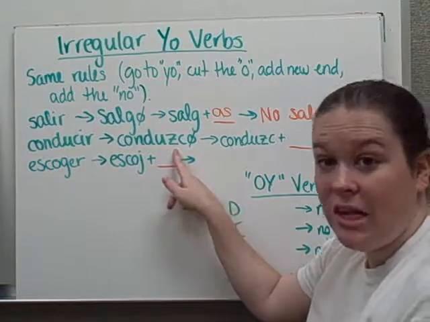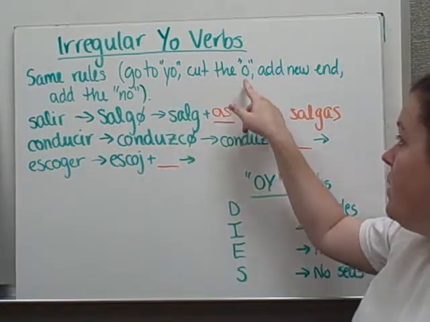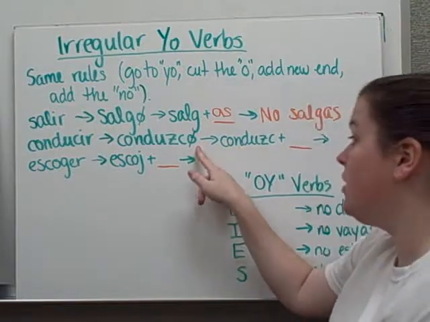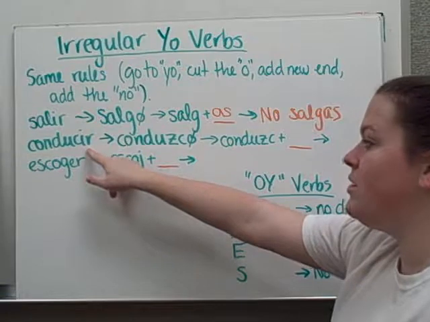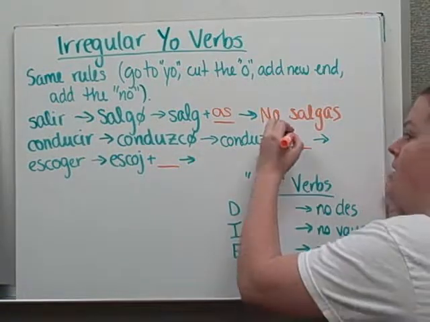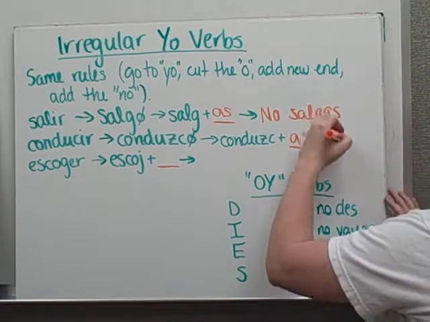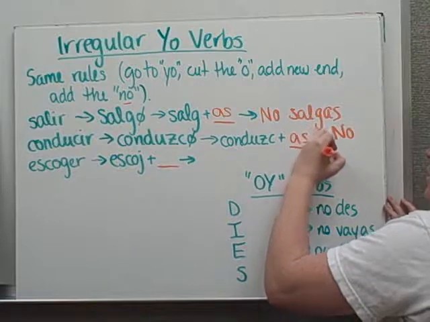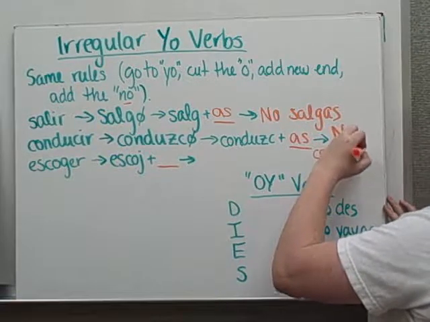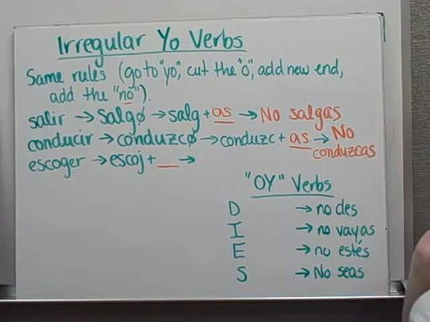Conducir has a Z in the yo form. So conduzco, after I went to the yo form, I'm going to cut the O off. I'm left with conduzc. Since it's an IR verb, instead of adding ES, we're going to add AS. So it will become no conduzcas.